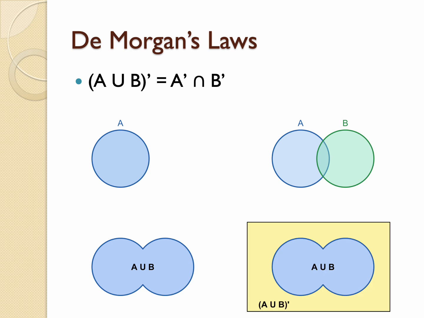So (A union B) whole complement is all the space in the universal set outside A union B. So we have visualized the left side of the law. Now we are moving to the right side of the law, and we'll prove that the right side also looks the same as this. So keep this diagram in mind, and in the next slide we shall show what it equals to.